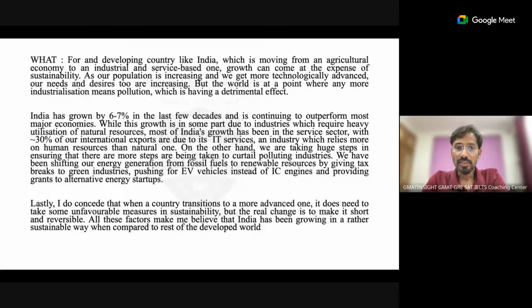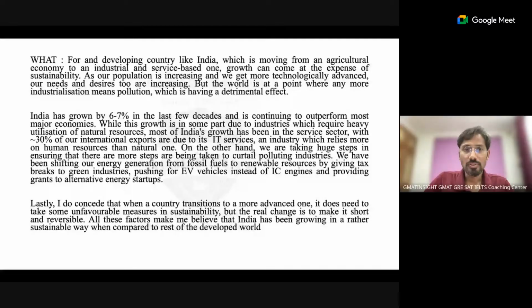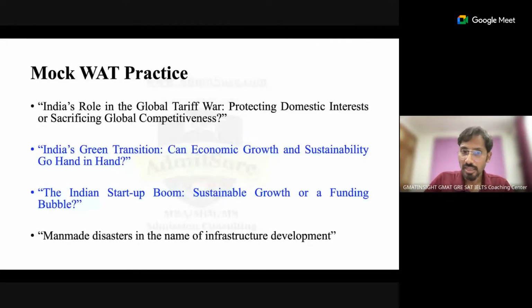And I think the second paragraph, fourth line is factually incorrect. Can you tell the exact topic again? I just want to note it down. The topic is India's green transition. Can economic growth and sustainability go hand in hand?